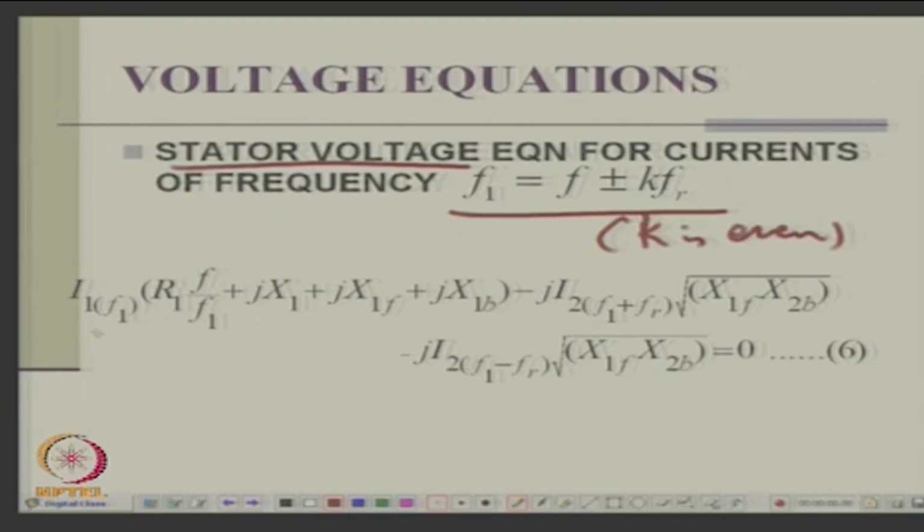So, that will be this frequency F1, it is I1 into R1 into f by f1 plus leakage plus mutual, that is self reactance into its own current, minus mutual due to the respective rotor currents, that will be whatever is F1 plus Fr and F1 minus Fr, right.